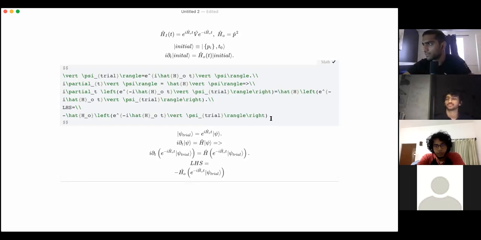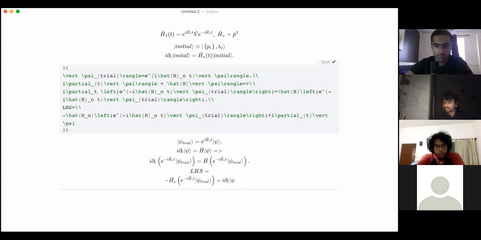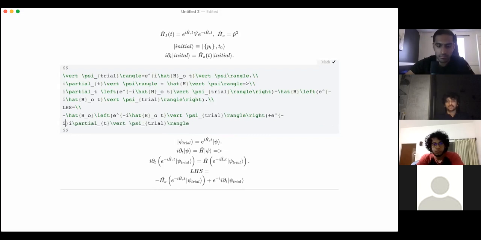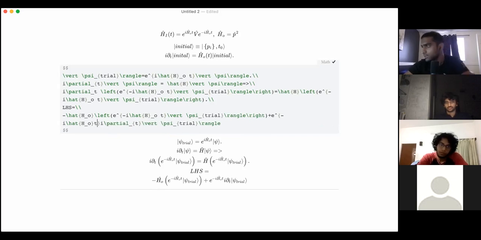Let's go in steps. Then I have this e power minus i hat H naught t.